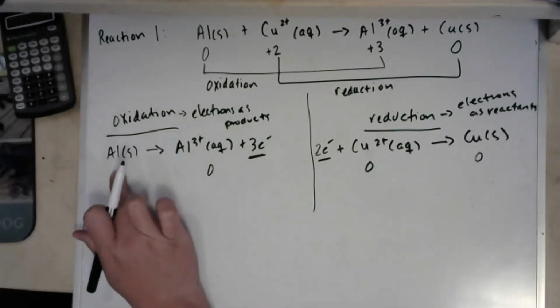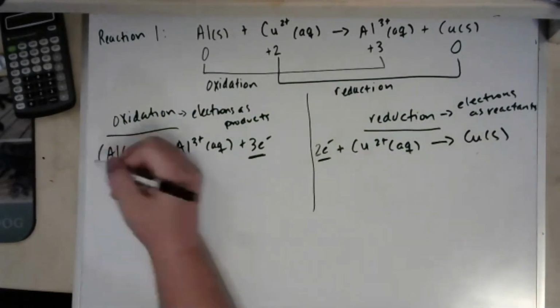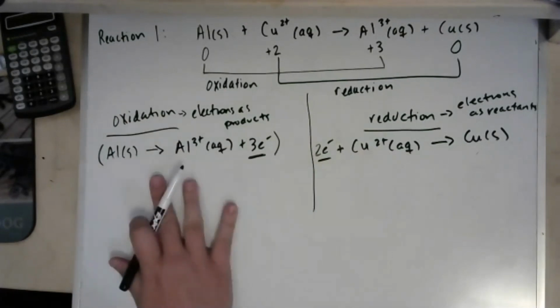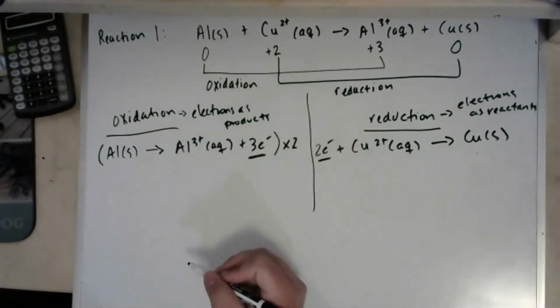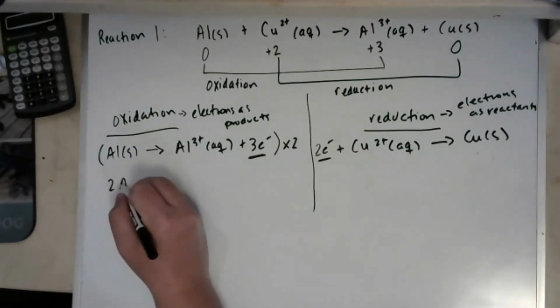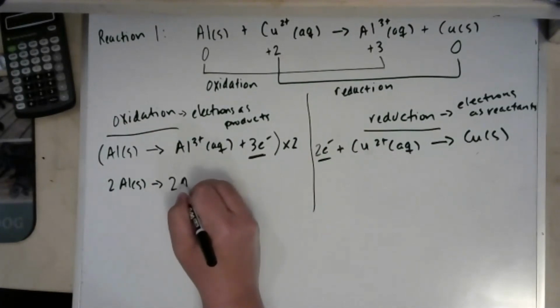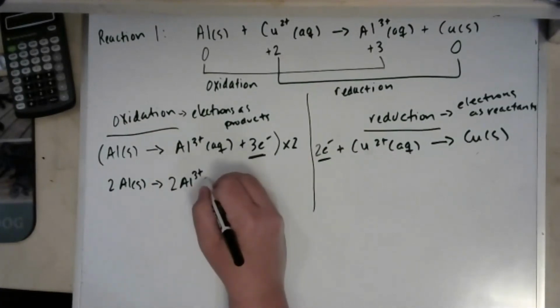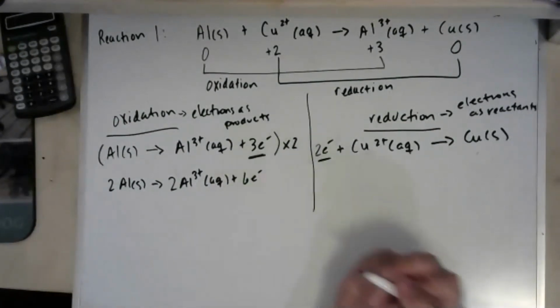So I'm going to erase these charge tallies because I don't need them anymore. I'm going to take this entire oxidation half reaction and multiply the whole thing by 2. So now I'm going to end up with 2 aluminum solids gives me 2 aluminum ions plus 6 electrons.